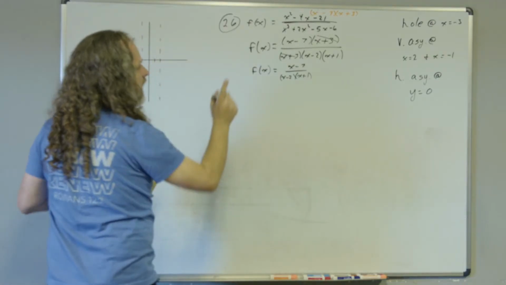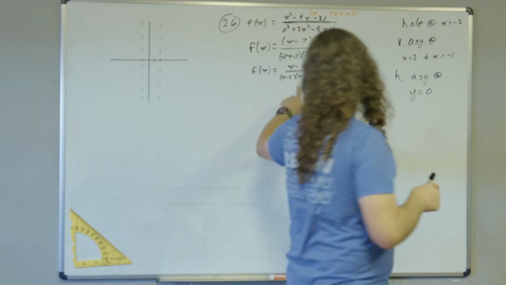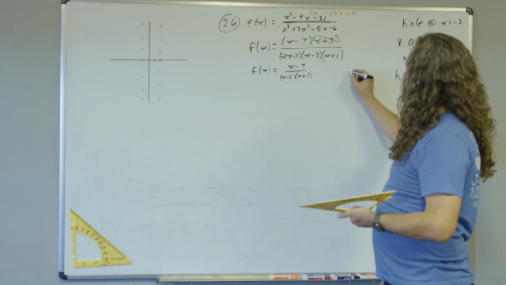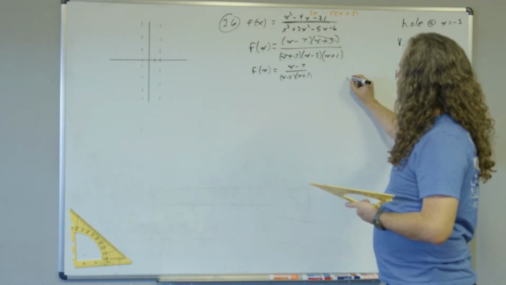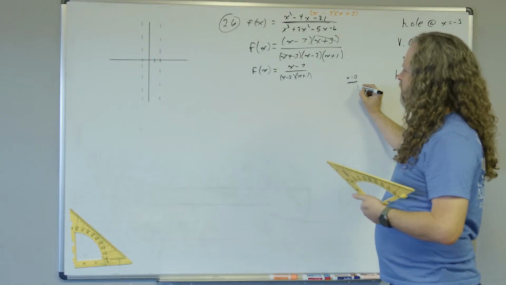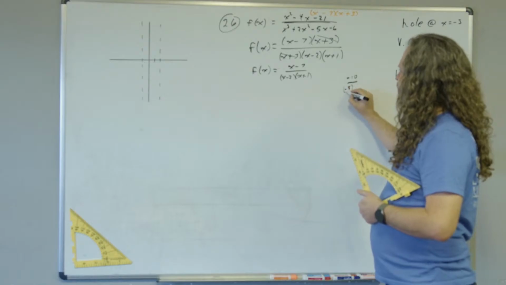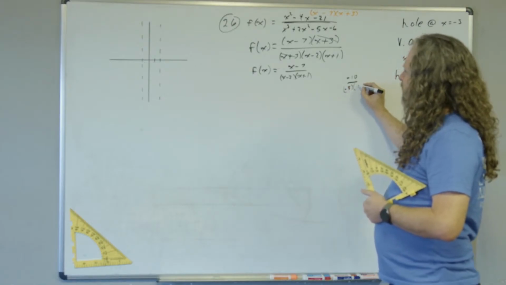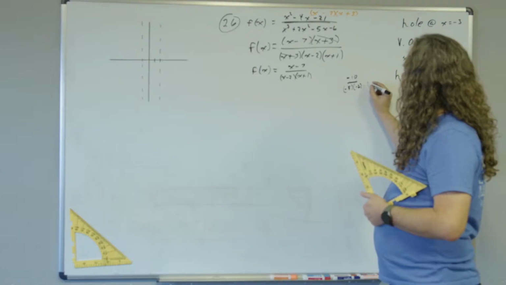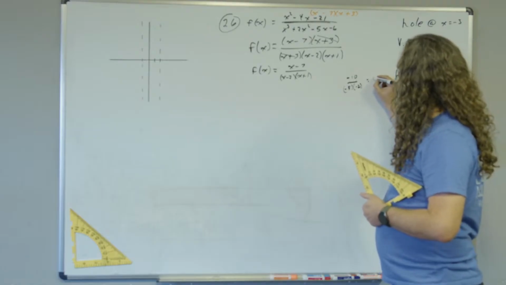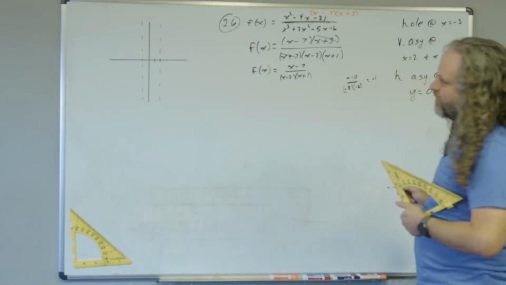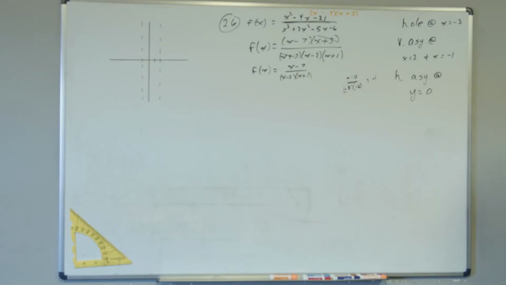So when we plug -3 into this, we've got -10 over -5 times -2. So at -1, does that sound right? -1, -3? Yeah.